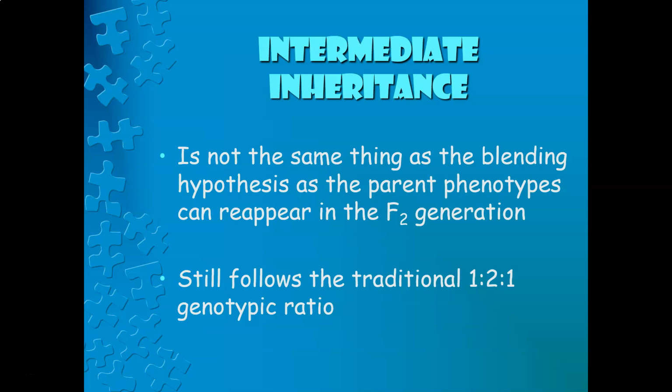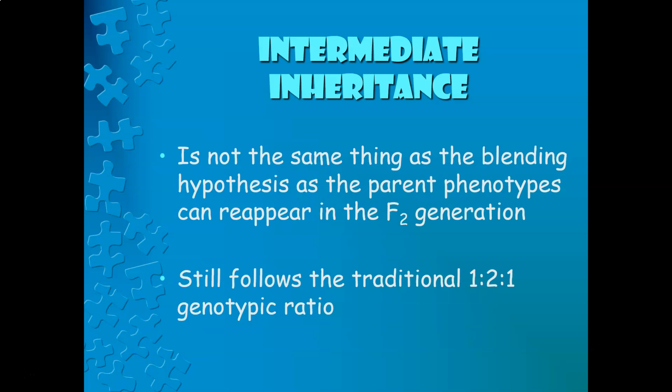So it's still going to follow that traditional 1 to 2 to 1 ratio when I look at intermediate inheritance, that we saw that same 1 to 2 to 1 genotypic ratio back in Mendel's traits as well. So I'm still going to get one individual who's homozygous dominant, I'm going to get two individuals who are that traditional heterozygote, and I'm going to get one individual who's that traditional recessive.